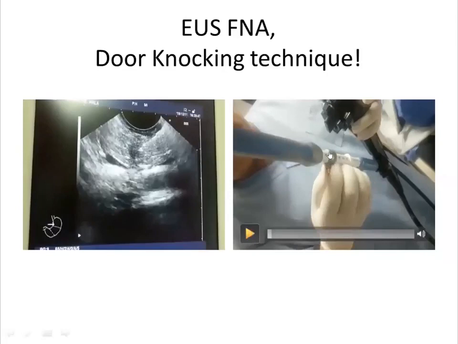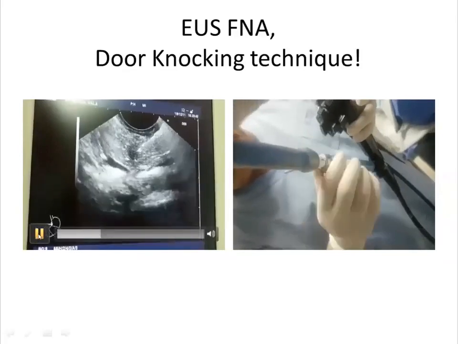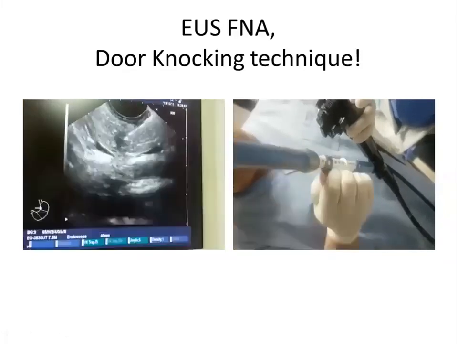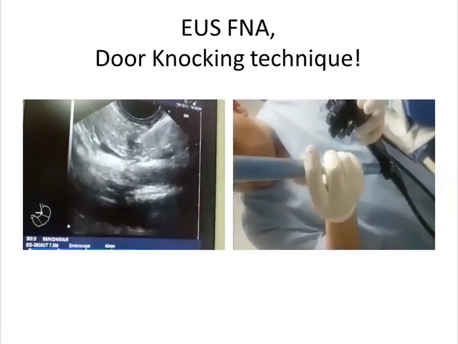You adjust the stopper 1 centimeter below the handle when you approach the upper aspect of the mass. Then fix the stopper 1 centimeter below, and then start to do what is known as staccato movements, or sudden repeated pushes.